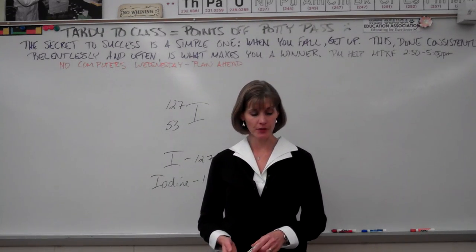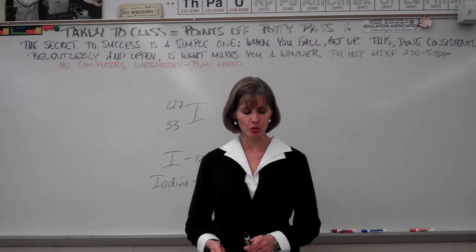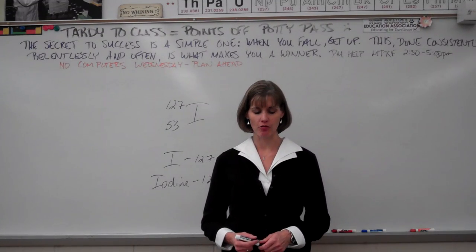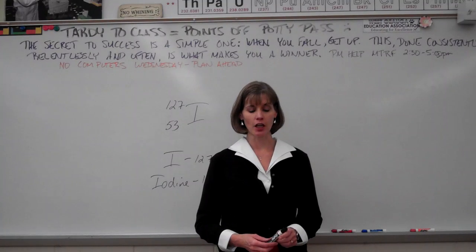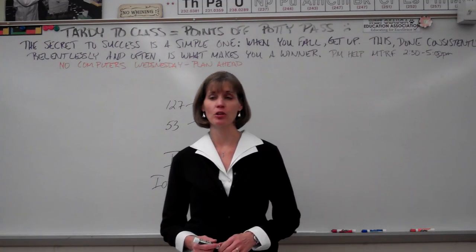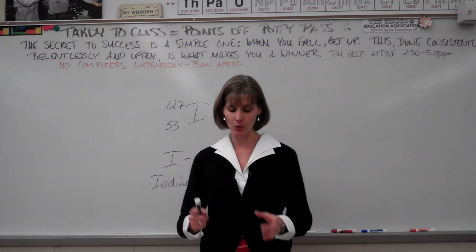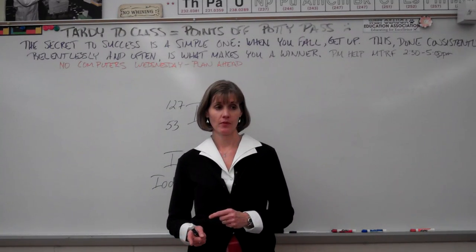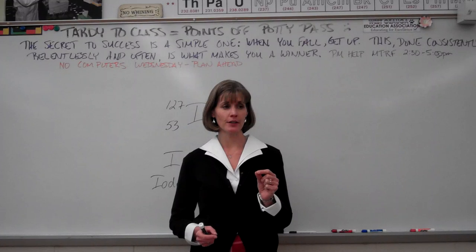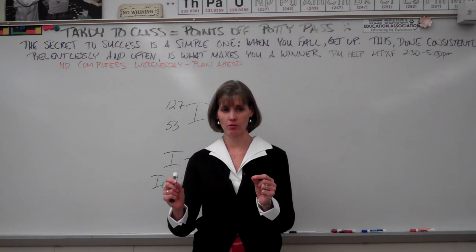All right, number 6. What is the best neutron to proton ratio for stability in low mass nuclides? 1 to 1 for the small ones, and what is it for the big ones? 1.5 to 1 neutron to proton ratio.